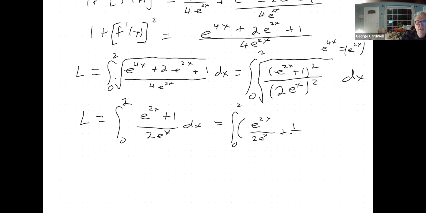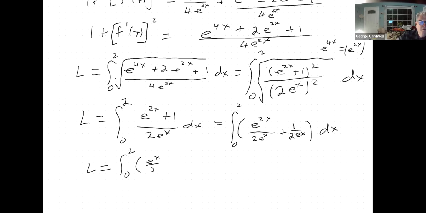2e to the x. All right, I'll do that right. 2e to the x, yeah, squared. So that's our integral. Now let's simplify it one more time. e to the 2x over e to the x is just e to the x, so I'm going to have e to the x over 2.